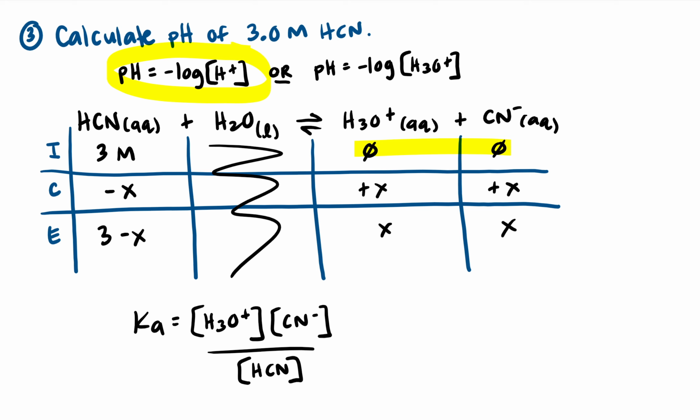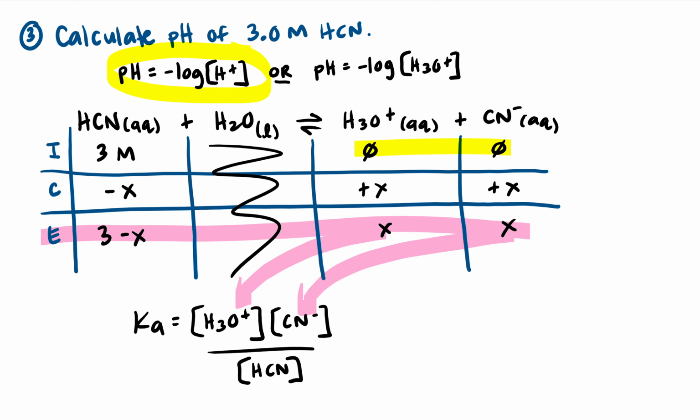And remember, K is for your equilibrium concentrations only. So what you're doing is you're taking this entire E row, your equilibrium row, in terms of X, and you're substituting all of those values into your Ka expression.